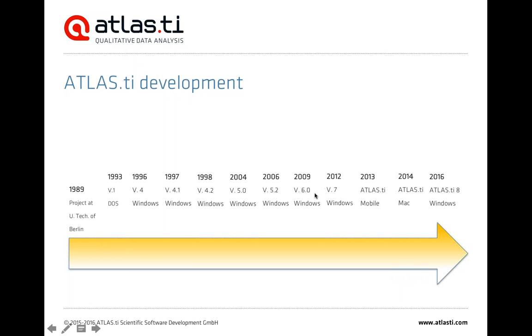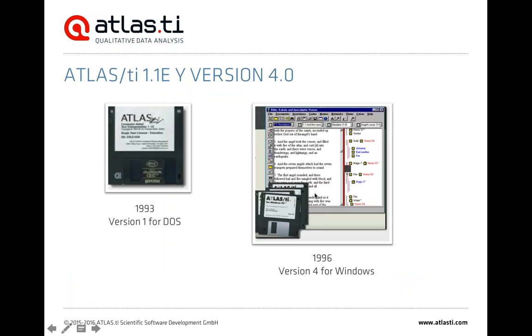Then we had our first release in 1993. On the left side, you can remember these diskettes that we used to use. Then in 1996, we had the first version for Windows. That version was number 4, but it was adapted for Windows.